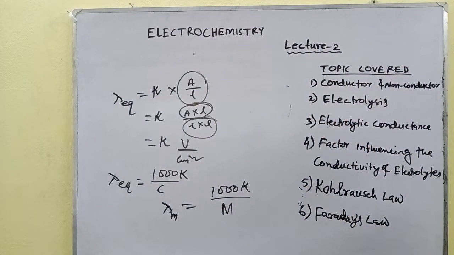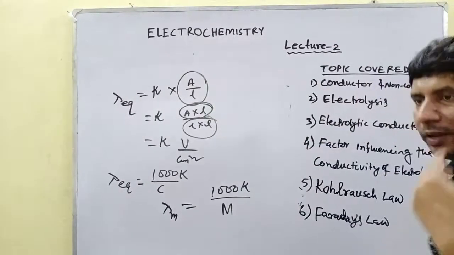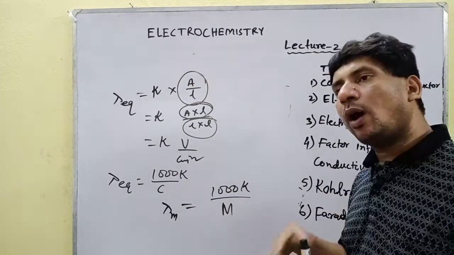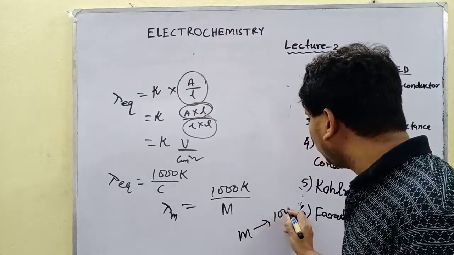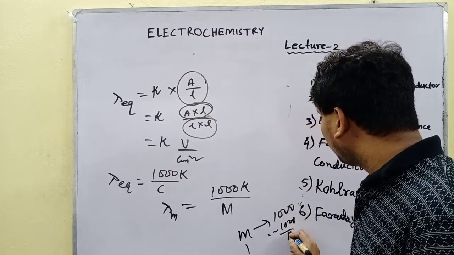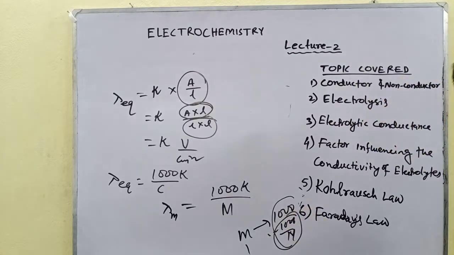If M mole solution remains in 1000 ml, then 1 mole remains in 1000 divided by M. So this is the V.